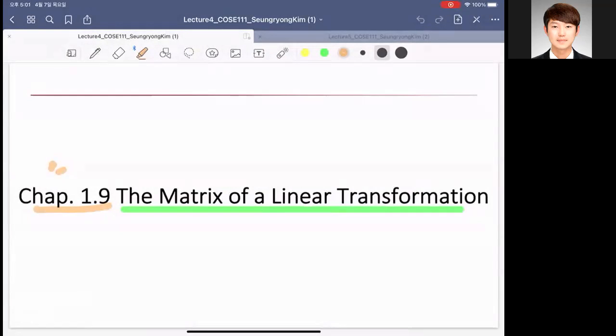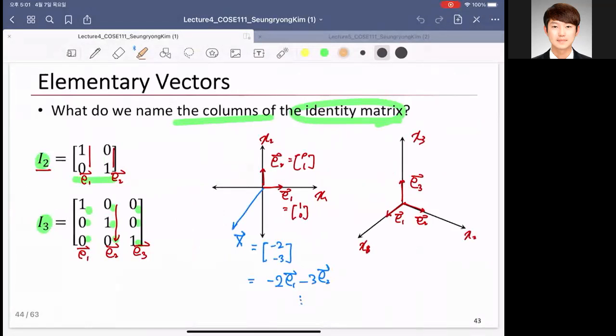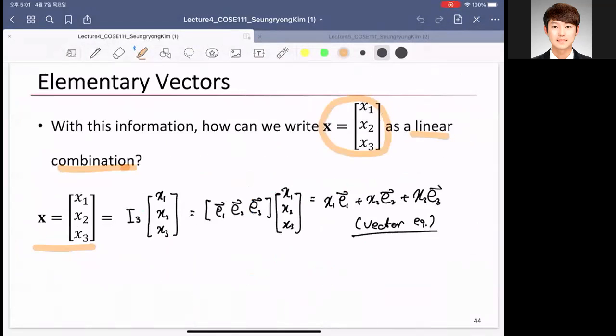So far we discussed the matrix of the linear transformation. Why do you have to know that? We can interpret matrix multiplication as some kind of linear transformation, right?